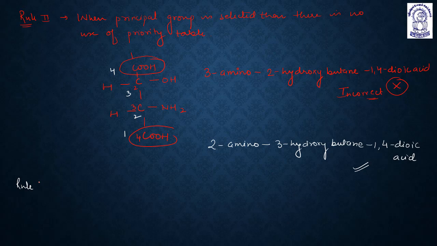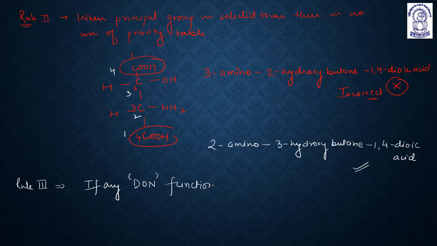Rule third: if any, Dawn functional groups are those groups which have carbon and their carbon is counted as part of the parent hydrocarbon chain, and we will start the numbering from that carbon.